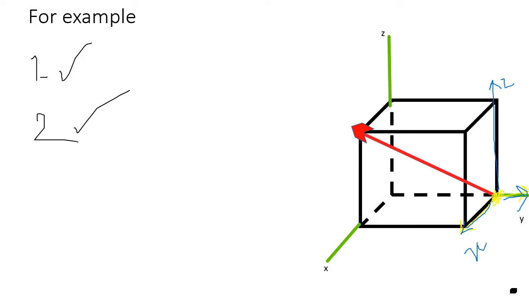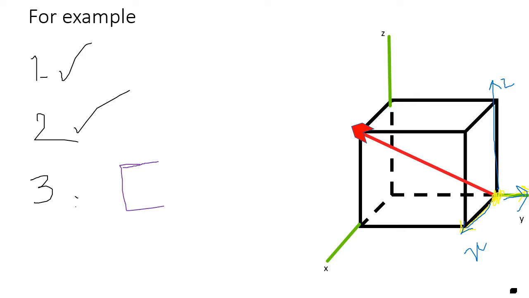And number 3 is find coordinate from tail to head. So as we see, we have 1x, negative 1y, and we have 1 positive z. So it's going to be like this. And in step 4 we should show it in brackets, and also we should do something like, for example, negative y.